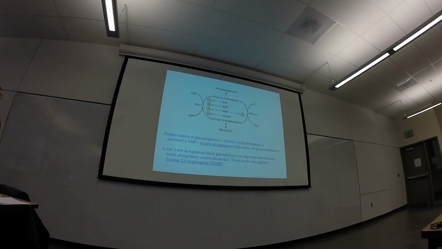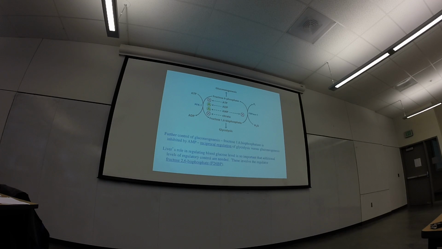You see here that AMP both activates PFK1 and inhibits the gluconeogenesis enzyme. So if we have a low energy charge, we want to be blocking gluconeogenesis because we need energy to do it.